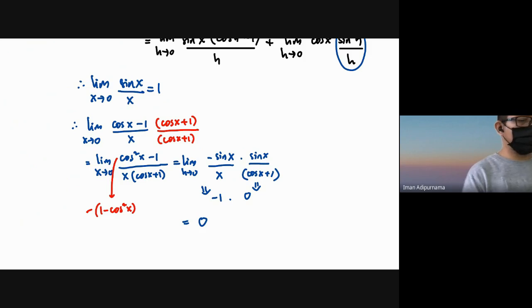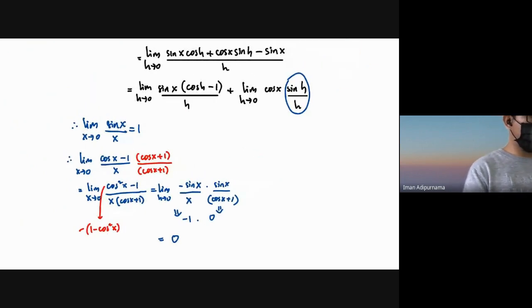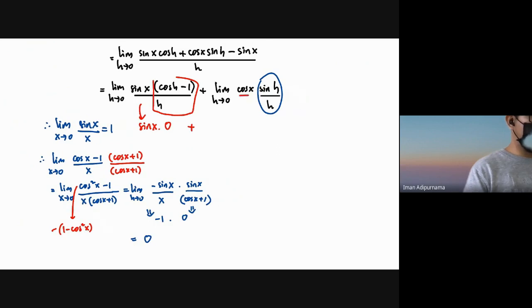And then we can put all this information inside the derivative. Inside the derivative, here we know that this will be just sine x multiplied with this part here, which is 0, plus this part cos x, and the sine h over h will be 1.